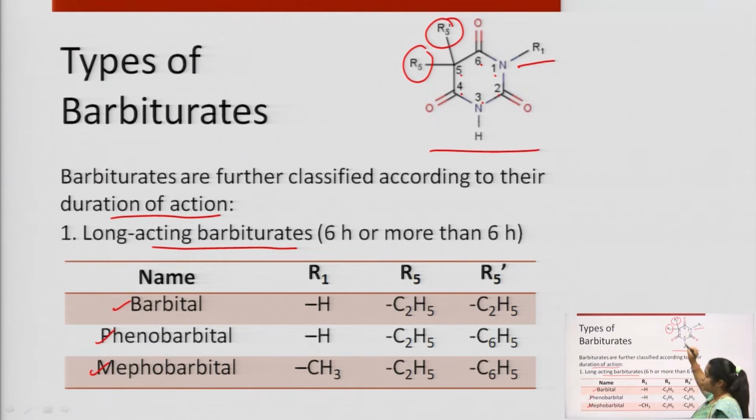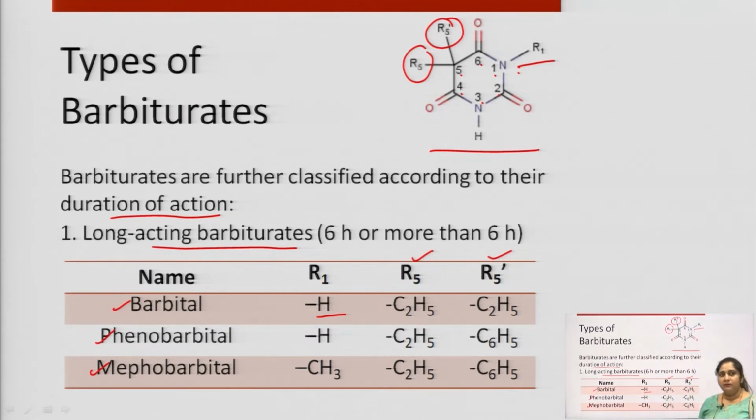There are 2 hydrogen atoms that can be replaced, so we have written R5 and R5 dash. These substituents can be similar or different. In case of barbital, this nitrogen is unsubstituted, here is hydrogen. At position number 5, we have 2 ethyl groups when we talk about barbital.